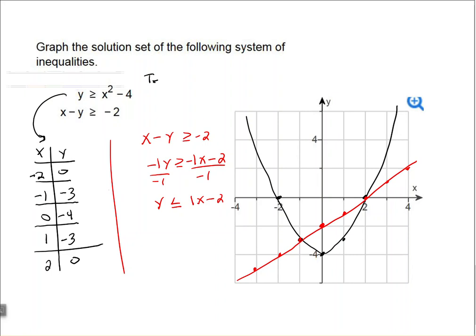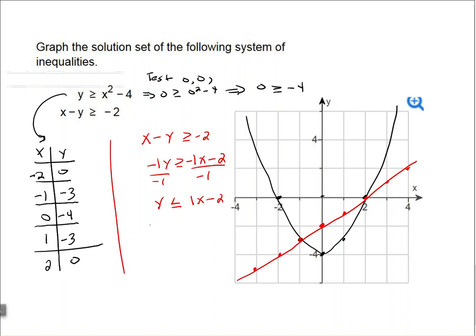If I test (0, 0), we end up with 0 is greater than or equal to -4, which is a true statement. Therefore, I know I'm shading on the inside of this parabola because (0, 0) is on the inside of the parabola.